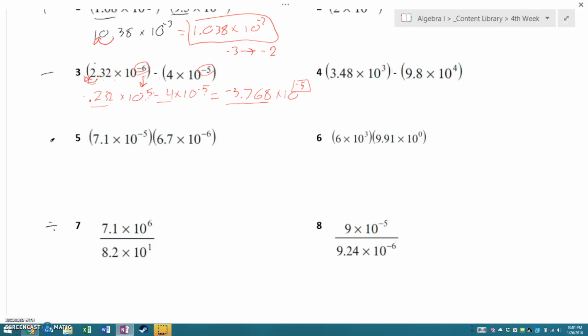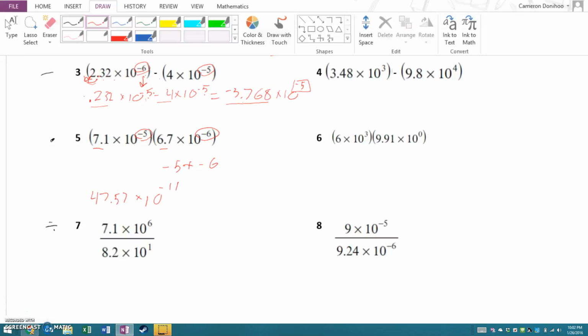Now multiplication is just going to be multiply your numbers, and your exponents are going to be just adding up here. This is what we talked about in class yesterday. Negative 5 and negative 6 is negative 11. So there's your exponent. Whatever 7.1 times 6.7 is, I think it's 47.57.